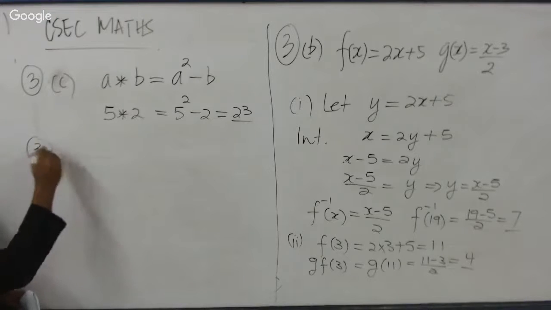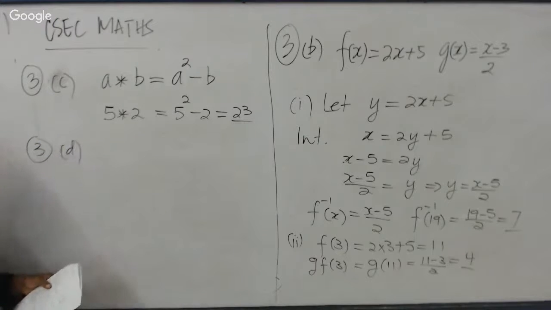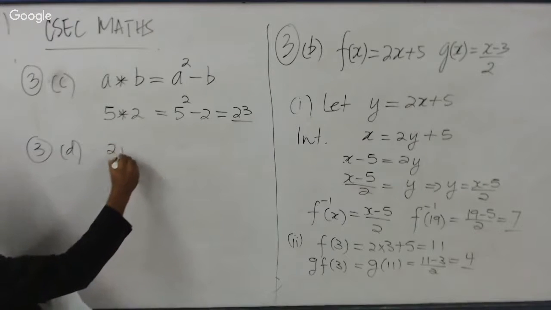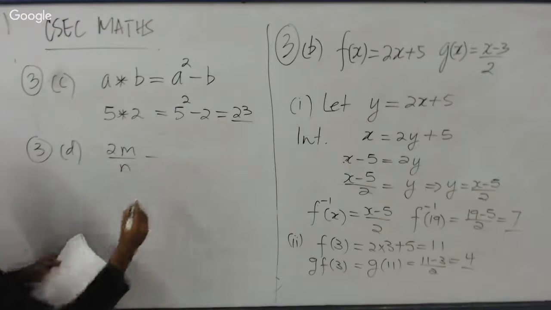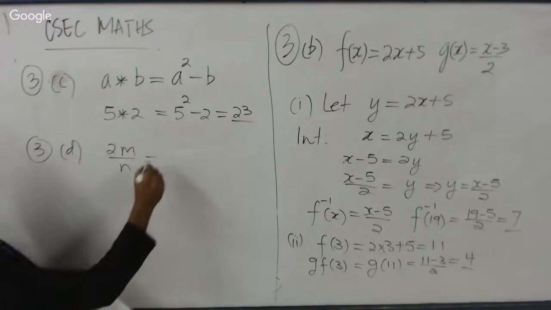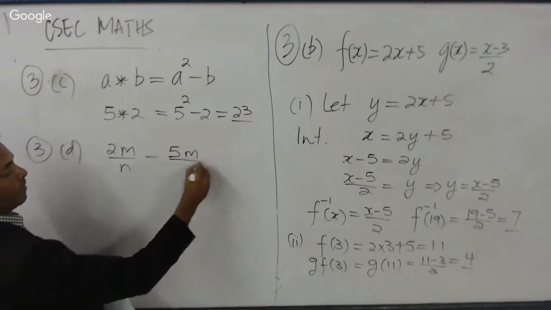3D. Simplify, express the answer as a single fraction, 2m over n minus 5m over 3n.